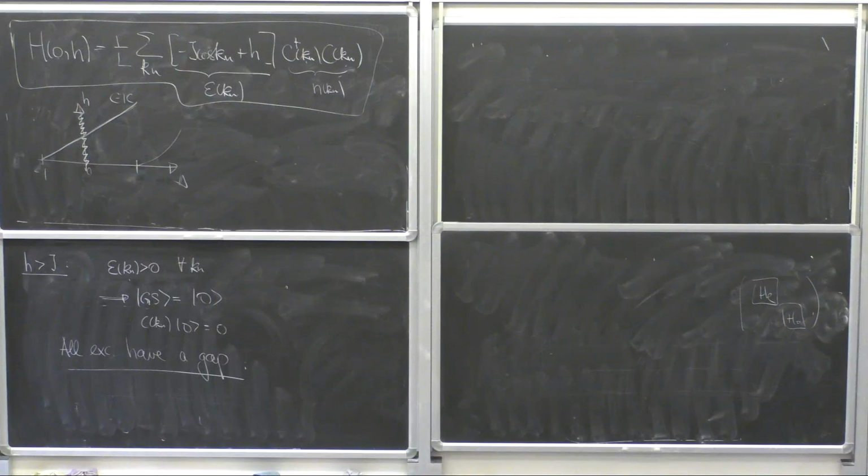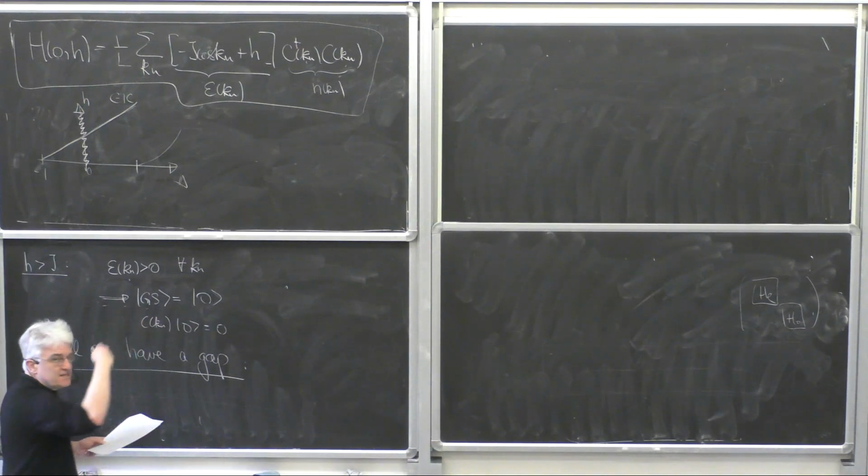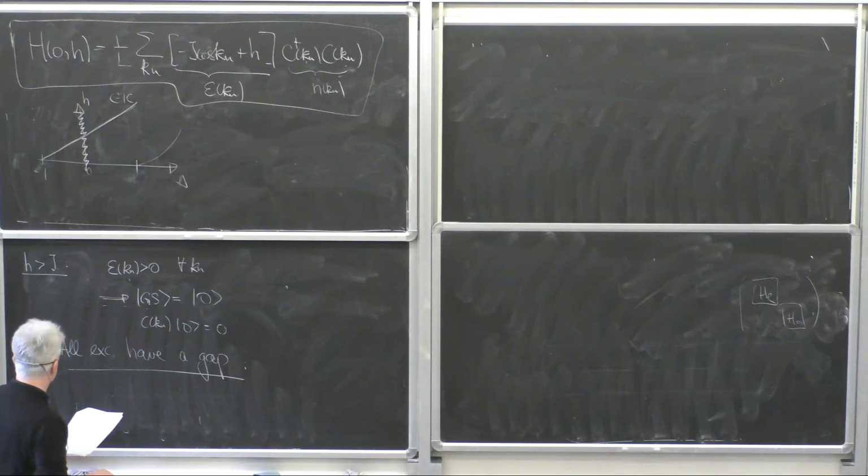Okay, so that tells us what the large field phase is like in terms of the spins. It's just a ferromagnet where all spins basically point in z direction. Okay, and flipping a spin costs a finite energy.